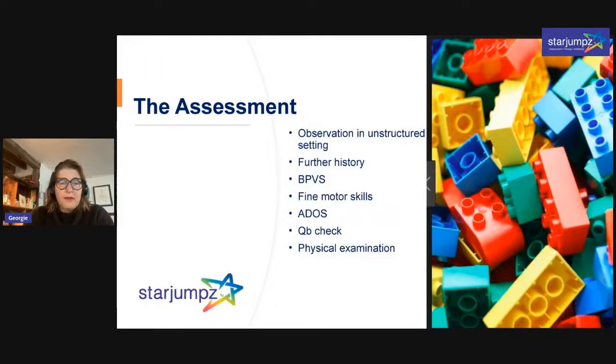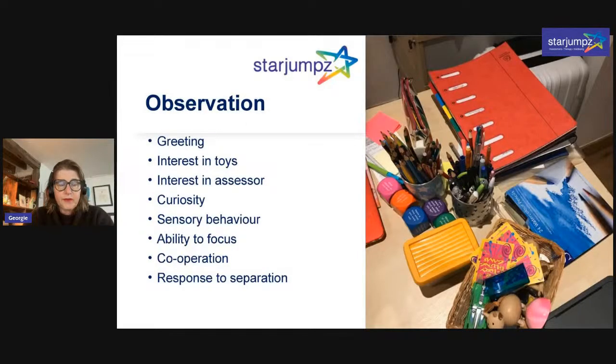And then I've mentioned a little bit about the assessment already, but these are the components just to outline again. So the unstructured observations, gathering some further history, the BPVS, looking at fine motor skills, the ADOS, the QB check, and physical examination. And these are just a few of the things that we would be thinking about with those initial unstructured observations.